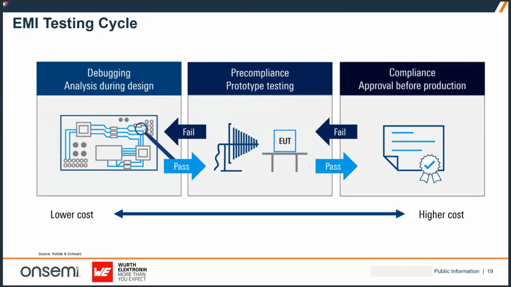And when we are feeling comfortable about our design and ready to get it tested, we can go to the pre-compliance testing of the prototype, which is also offered by Würth Elektronik. You can do some debugging to check what kind of changes need to be done, if there are any. And then you go back to the first stage, do the changes, then do the pre-compliance testing again. And when everything goes well, then you can go for the full compliance testing, which is, of course, the highest cost.